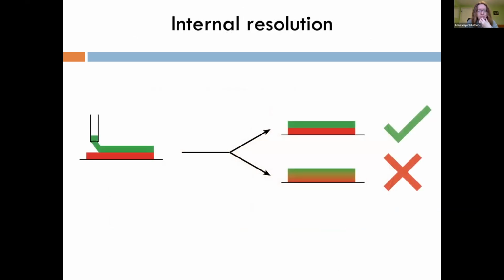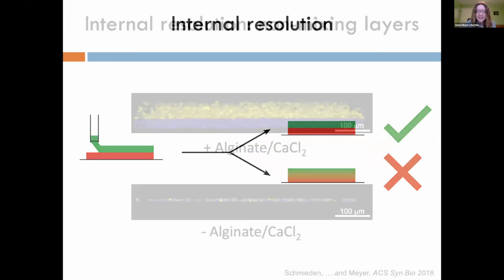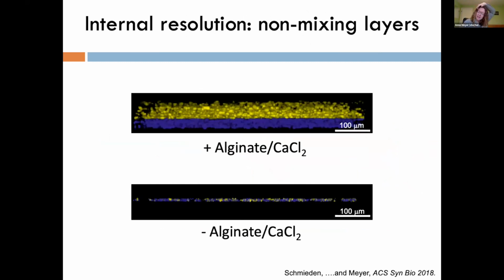So, one thing we'd like to achieve with 3D printing is, can we deposit different things in different places in our structure that we're building? If we had different kinds of bacteria, could we deposit them in different places within our structure? To test that, we had an experiment where Dominic had bacteria engineered to express either a yellow or a blue fluorescent protein, and he printed them, one as the first layer, and then one as the second layer.